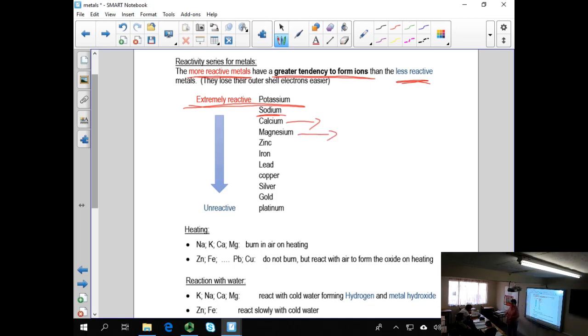I can take a Bunsen burner and hold it in the flame and the magnesium will start burning. Zinc, less reactive than magnesium. Iron, less than zinc. Lead, becoming unreactive. Copper, less. Silver, gold, and platinum. Oh, unreactive.